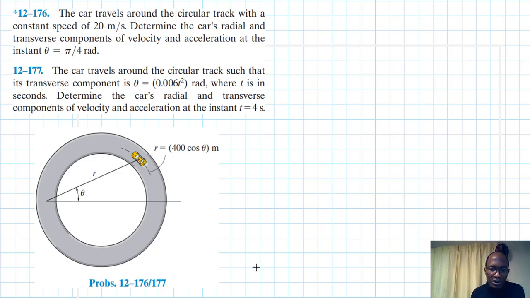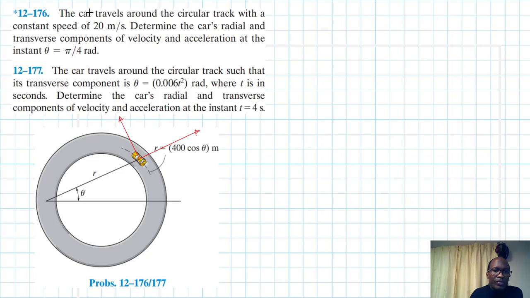Right, so in this particular problem, we're going to use polar coordinates. Polar coordinates are appropriate for this problem, but you can use whichever method you feel is okay. So we have the radial component in this direction, and these are the positive directions, and then we have the transverse component in that direction.